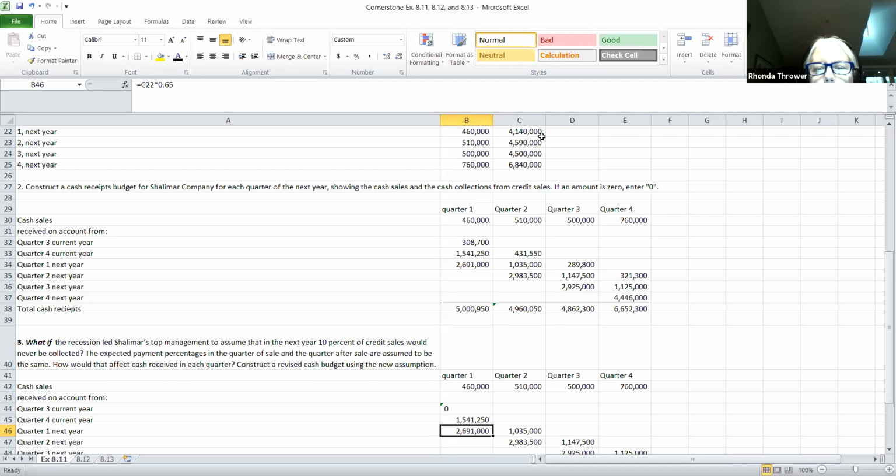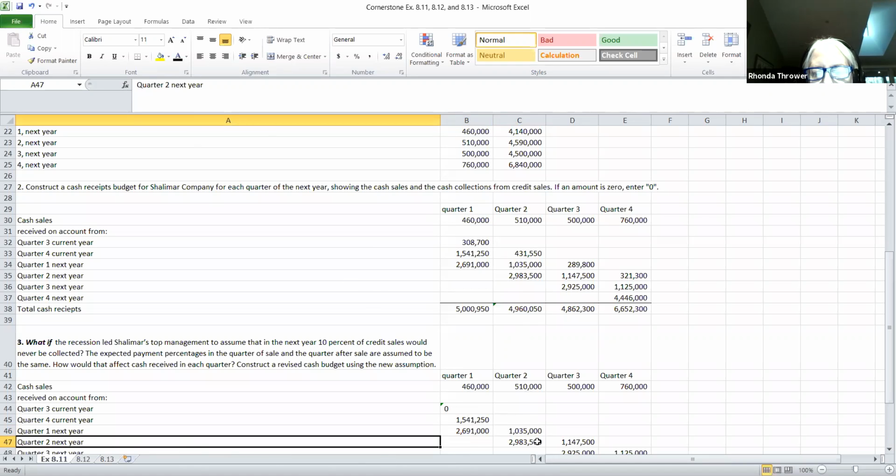And of cell address C22, the remaining 25% would have been collected in the second quarter. So 25% of cell address C25 is how I got that amount of cash that we collected of the sales on account for the first quarter.